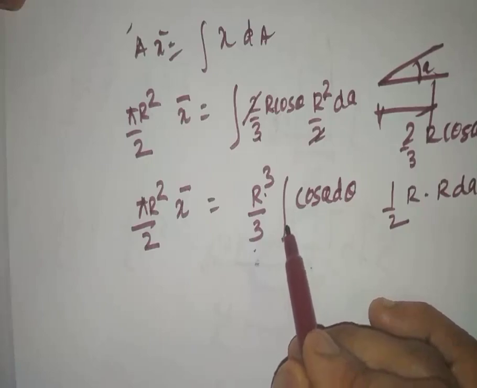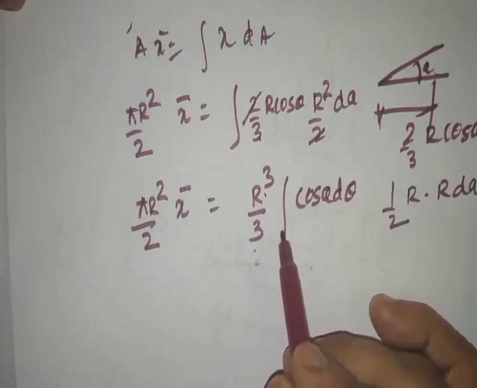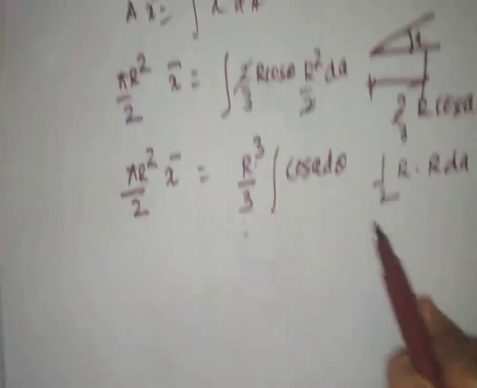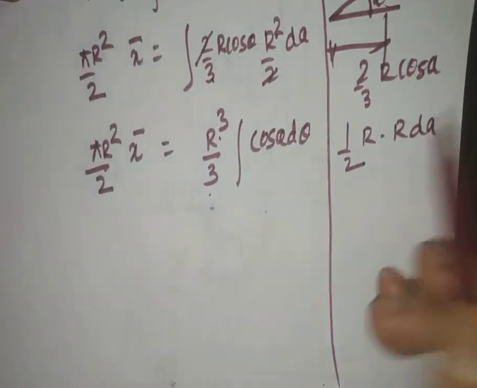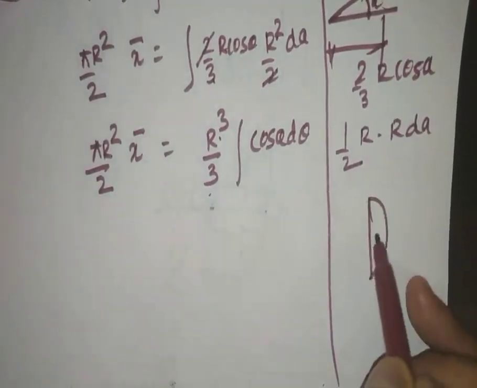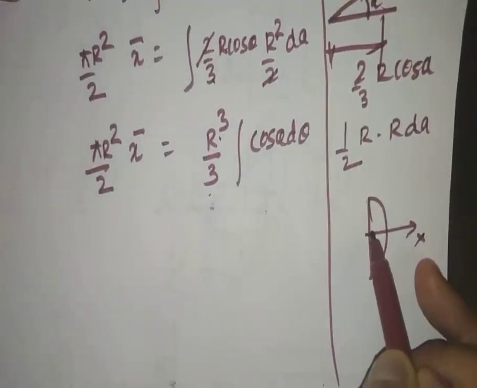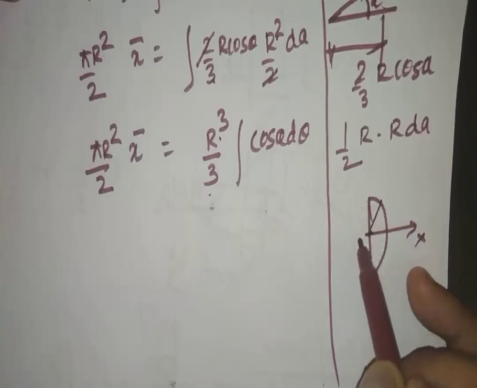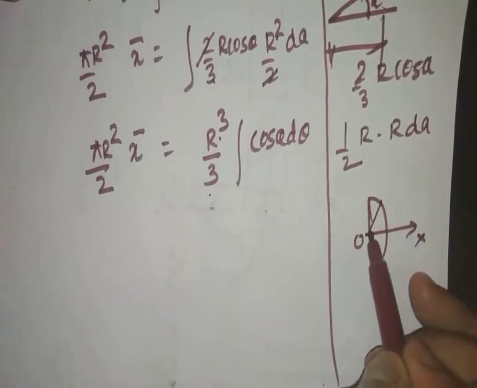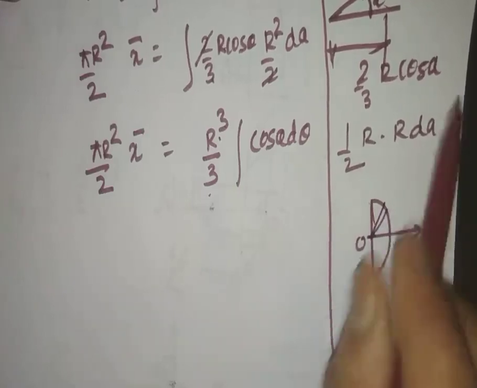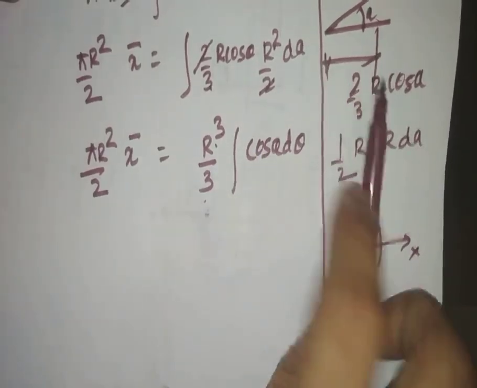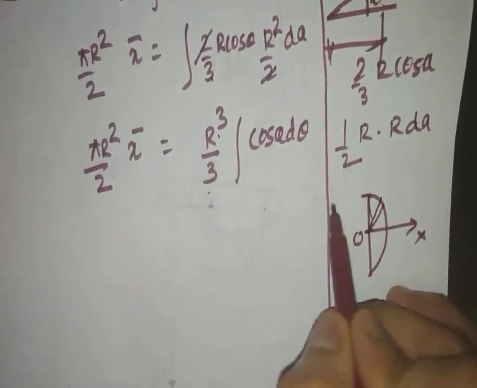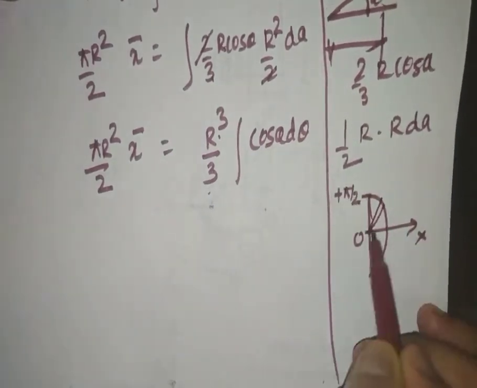But since we are going to integrate, we cannot express it in terms of a constant of integration. For that reason, we need to substitute the limits of integration. If we check the diagram that we had considered, the diagram was symmetric with respect to the x-axis. So with respect to the x-axis, when you consider it with reference to the origin, the triangular section will vary along the vertical direction, upward. When it varies along the upward direction, the limit here is plus pi by 2, that is 90 degrees.